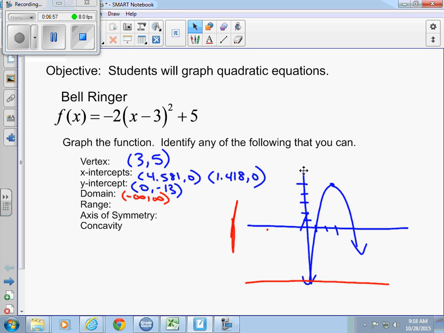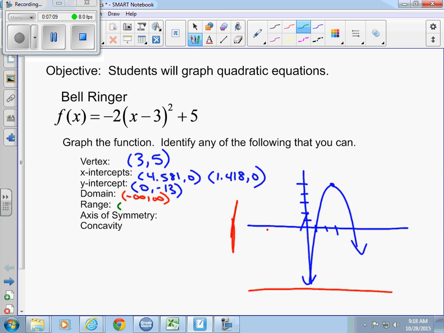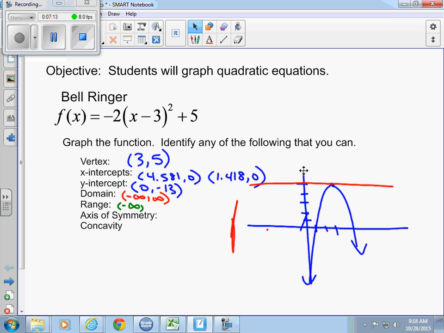So the first place I touch is all the way down there, and that's negative infinity, so I start at negative infinity. All the way up to where? 5. That's that top value where I stop. The y value of the vertex is going to be involved in the range. So everyone see that?